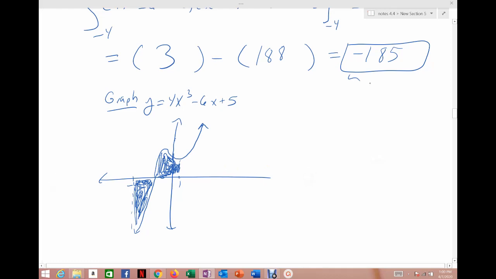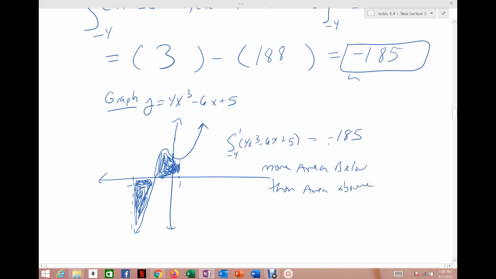So what this means, this integration from -4 to 1 of my function 4x cubed minus 6x plus 5 equals -185. And so that means there's more area below than area above.